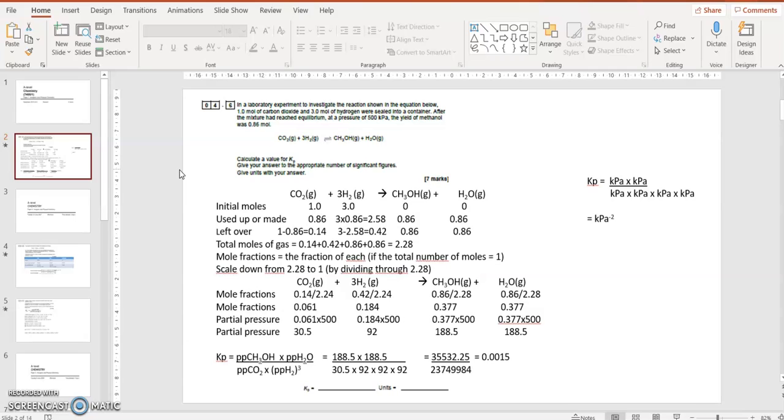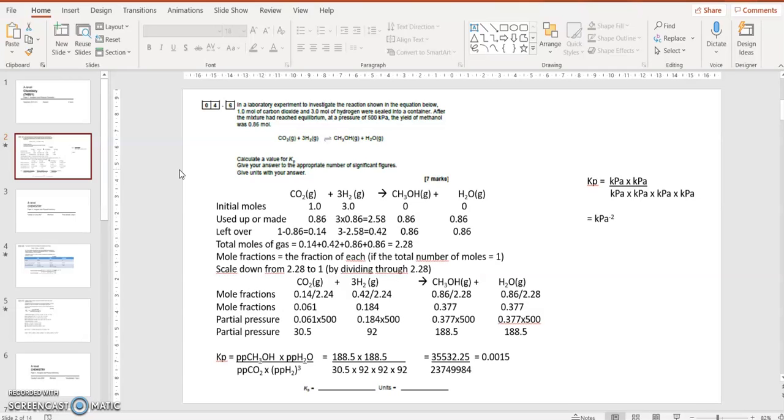But then it says at the end there's 0.86 moles of methanol, so therefore, with a 1-to-1 ratio, there must be 0.86 moles of water. And there must be therefore 0.86 moles of carbon dioxide used up, because 1 mole of carbon dioxide makes 1 mole of methanol.